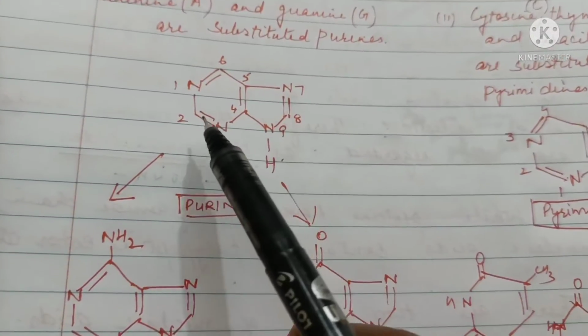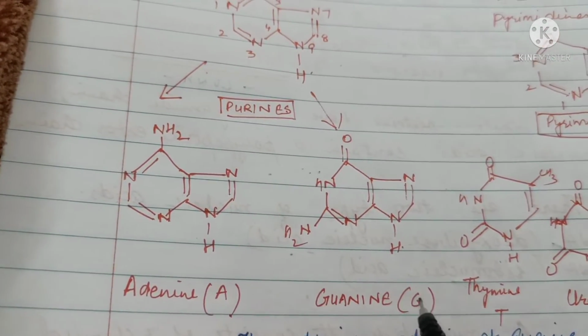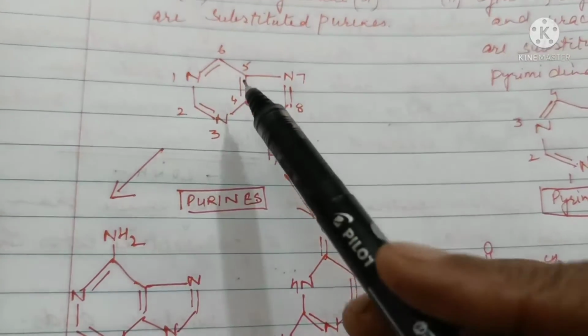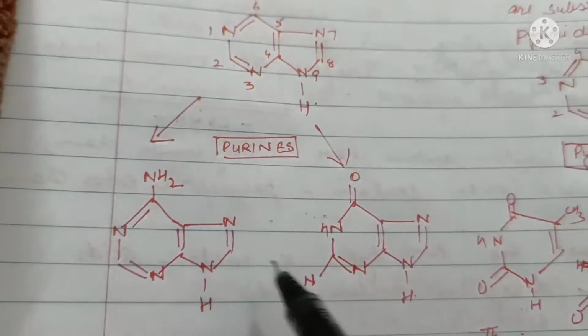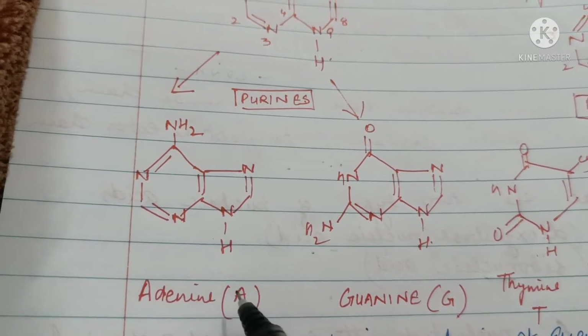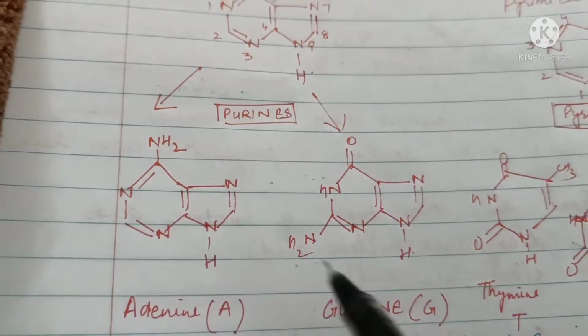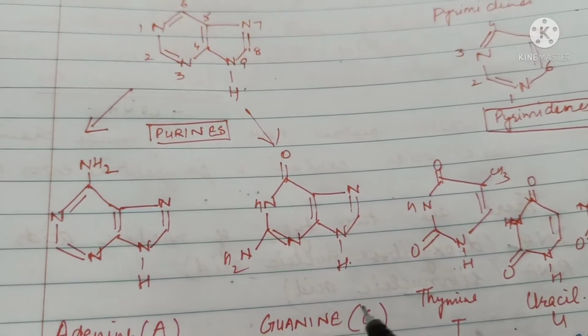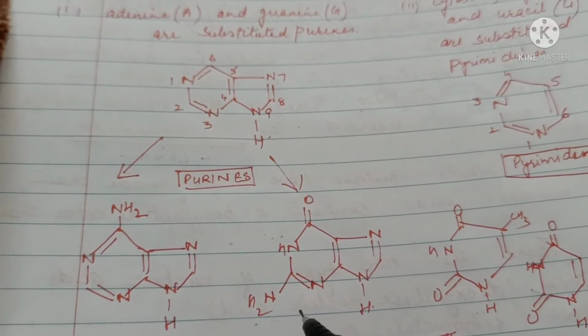So, in purines, we have two types: adenine and guanine. These are substituted 6-membered rings fused with 5-membered rings. In case of adenine, the NH2 is substituted, whereas in case of guanine, a ketonic group along with NH2 is present.